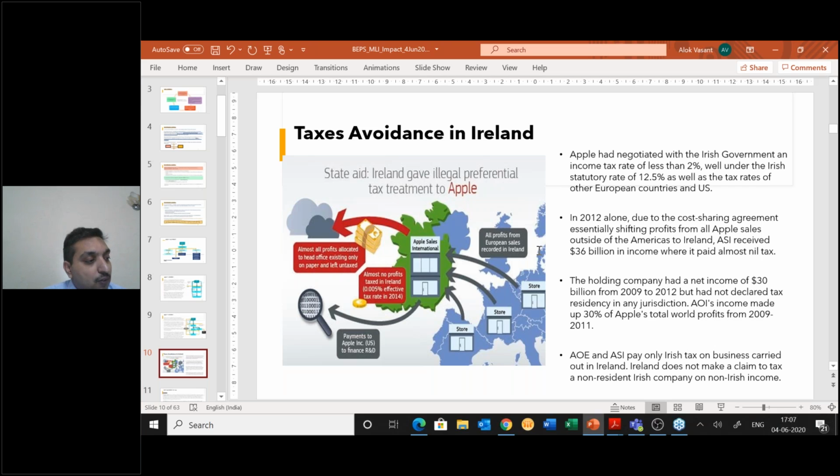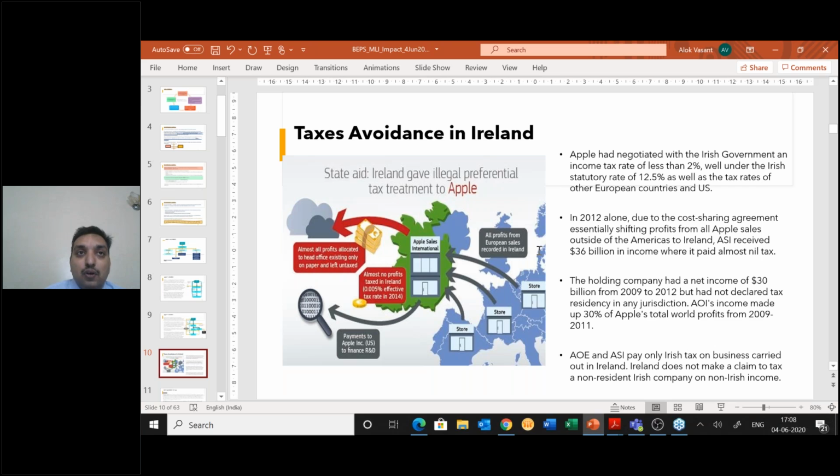So what happened was the European Commission, one of the commissioners of the competition law, so she came across this structure of Apple and they passed an order stating that Ireland granted undue tax benefits of up to $13 billion to Apple, and that should be recovered.